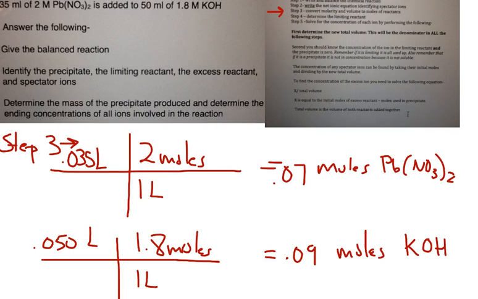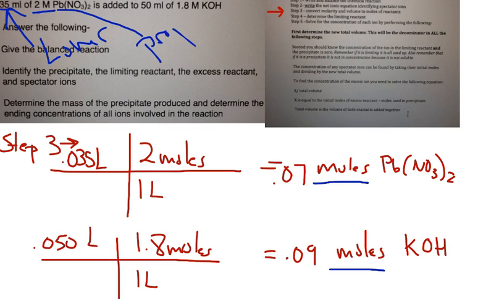All right, next page. Step 3 says to convert molarity and volume to moles of reactants. So I set up a very simple picket fence where I solve for moles of my reactants. The problem gives me volume and molarity. Remember that volume is the loner and molarity is your proportion.